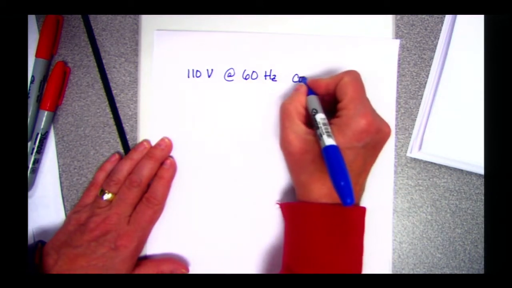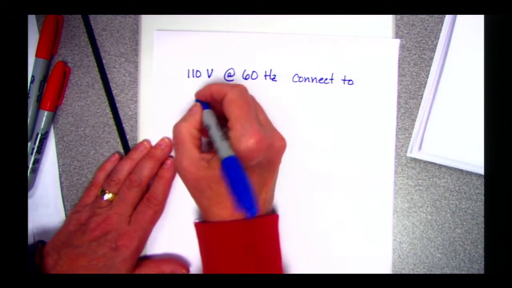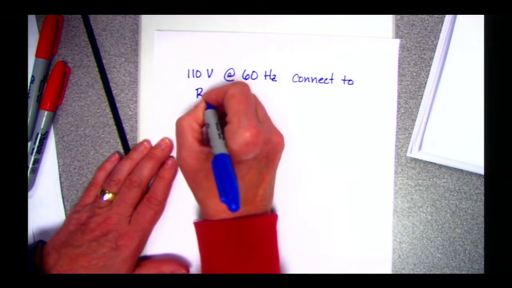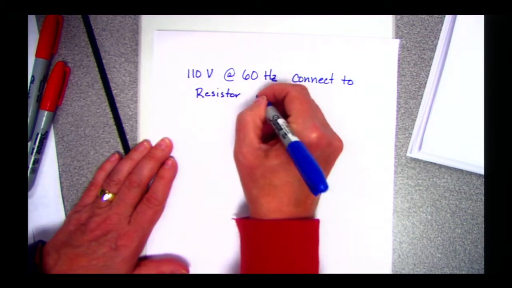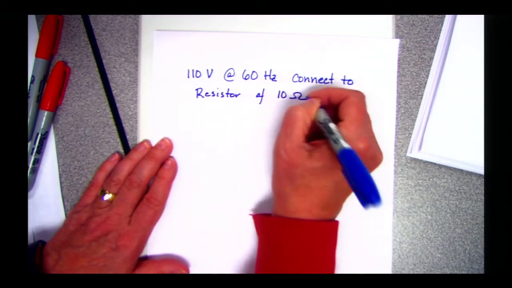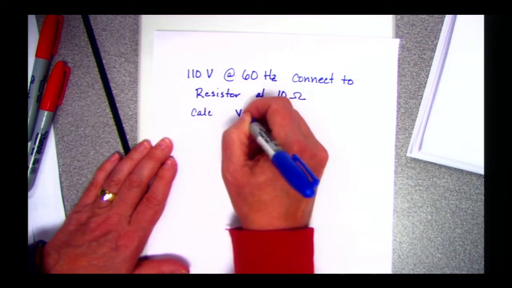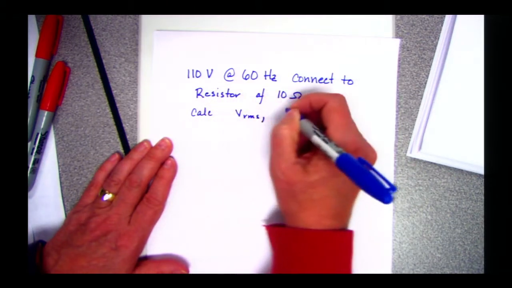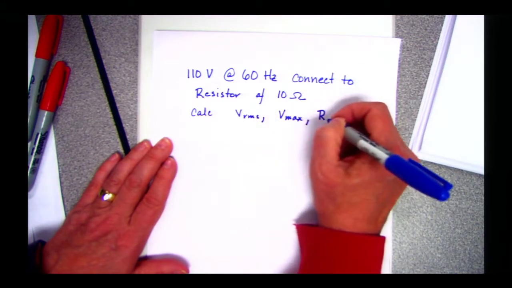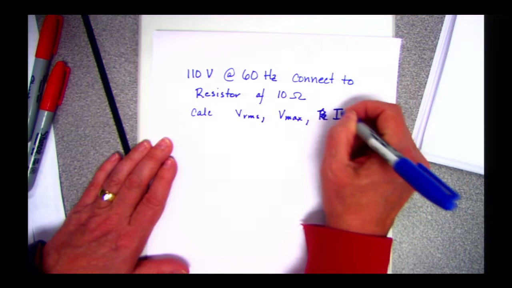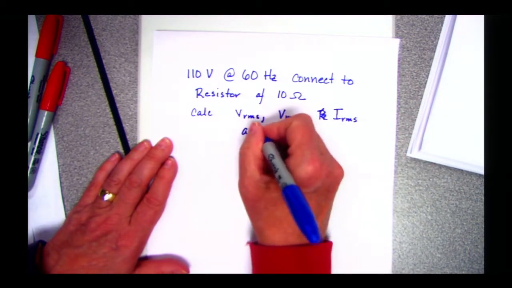And we're going to connect it to a resistor of 10 ohms. And we want to calculate the RMS voltage. We want to calculate the max voltage. We want to calculate the RMS current. And we're going to calculate power.